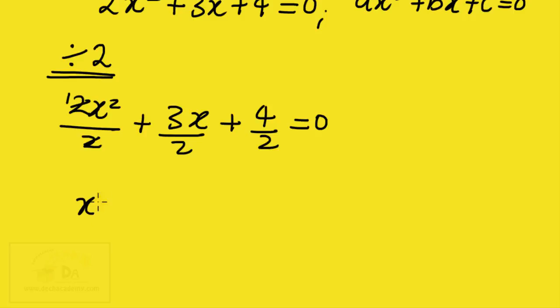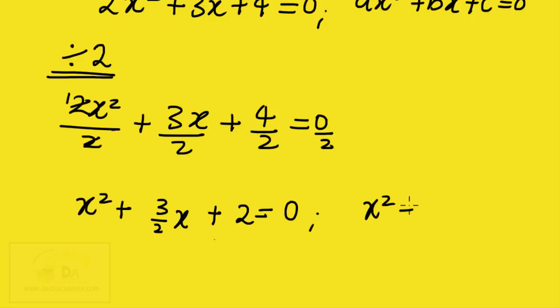This gives x squared plus 3 over 2 x plus 2 equals 0. As you can see, we now have an equation in the form x squared plus bx plus c equals 0. The coefficient of x squared is 1. Now the method of completing the square can be applied to this equation, not the original form, but this form.